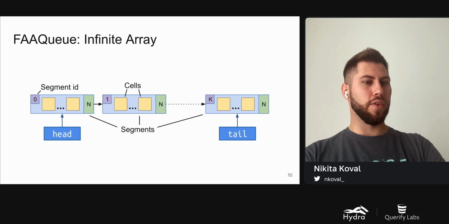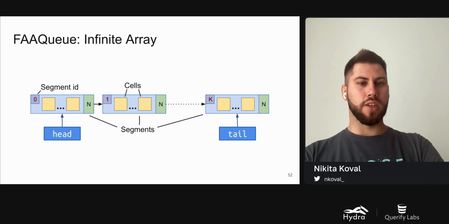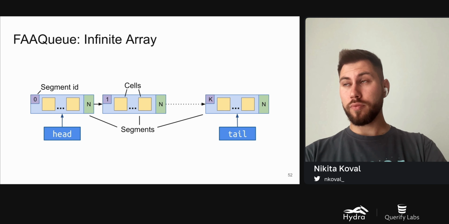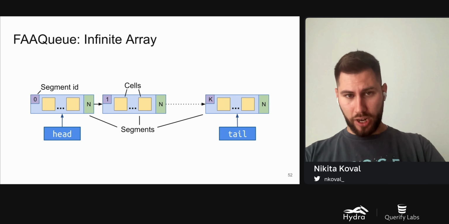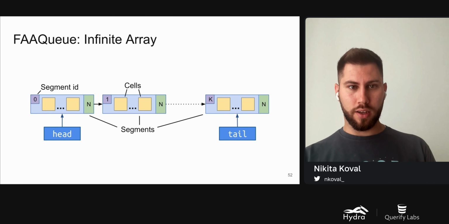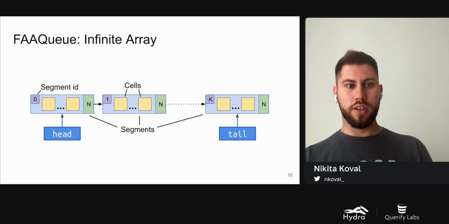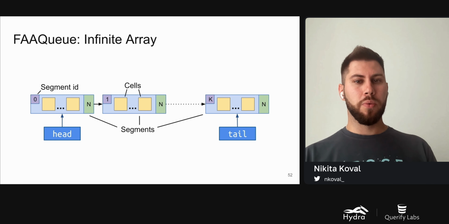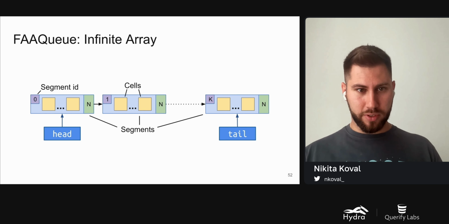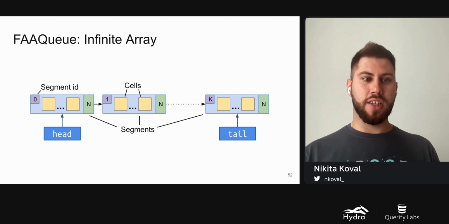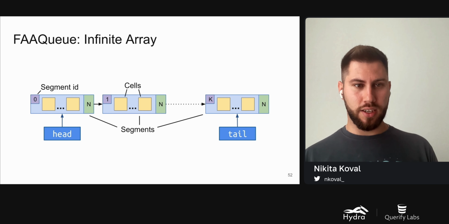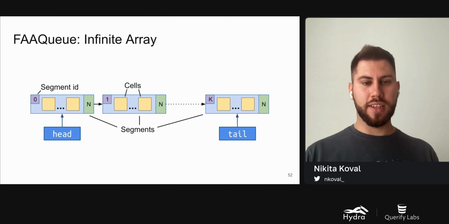So instead of storing each element in a new node, we'll have fixed-size segments and a linked list of them. Each segment has an ID, and the size is fixed.